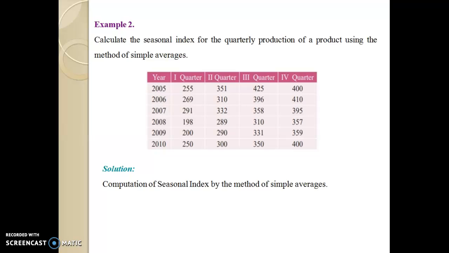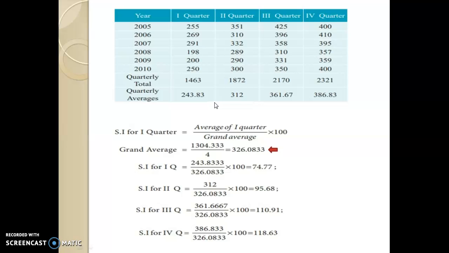Similarly, for the second example, calculate the seasonal indices for quarterly data. This is the data for quarterly, and the same procedure applies: the quarterly averages, the sum of all 4 quarters, and the average of the quarters.